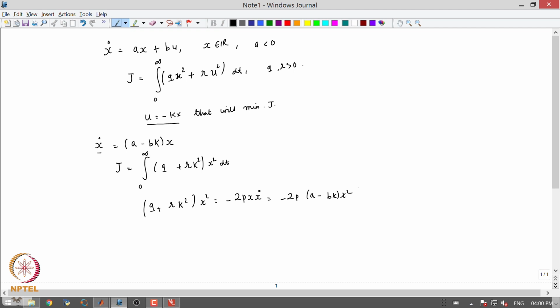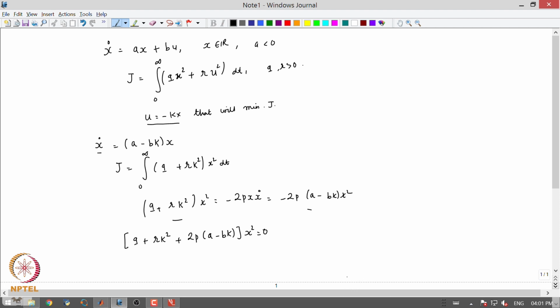Okay. Now I can just rearrange these terms and write this in the following way: q plus r k square plus twice p times a minus bk, times x square, is 0.